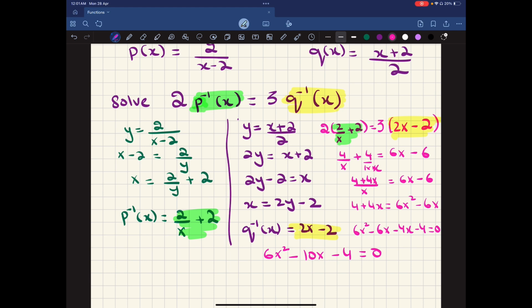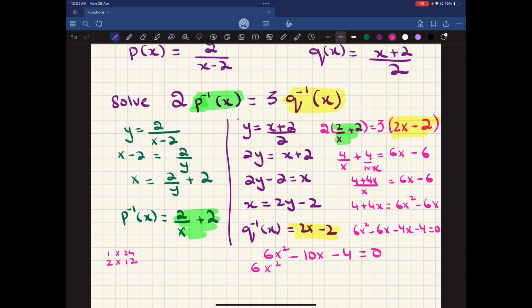So 6 into 4 is 24. Middle term breaking. 6x squared. We need negative 24 and negative 10. Okay, so what are the possible factors that you can have? 1 and 24, 2 and 12.